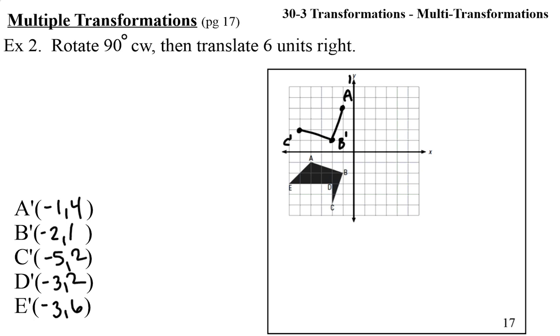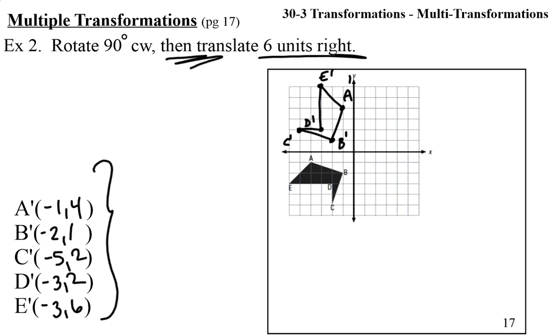D's at negative 3, 2. E's at negative 3, 6. And then I connect them. So these points jotted down from when I rotated my page, I can now transfer to the actual grid in the proper form. But I'm not finished because then I want to translate 6 units right.